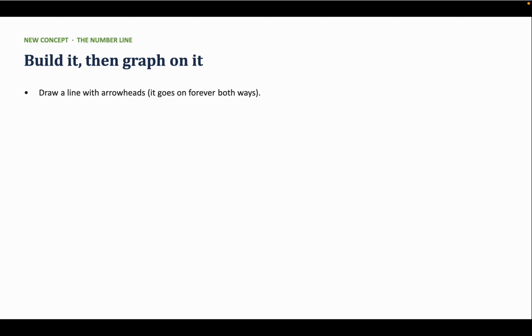Okay, so we want to build a number line. So the first thing we do is draw a line, a horizontal line with arrowheads to show that it goes on forever in both ways. So there's our horizontal line, and there's our arrows. And then we want to mark a position for the origin, which is 0.